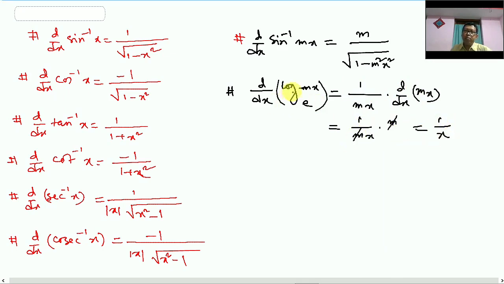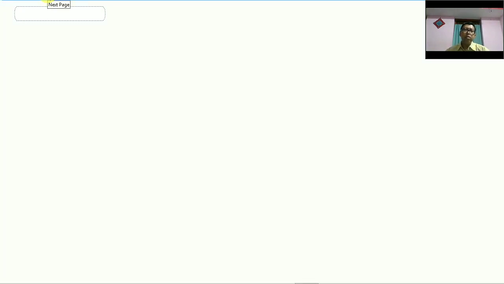So derivative of log of mx base e is equal to 1 upon x. Again, derivative of log x base e is also 1 upon x. These are the main formulae of differentiation, but when you use these formulae, sometimes you need some basic trigonometric formulae. I want to discuss all of them.